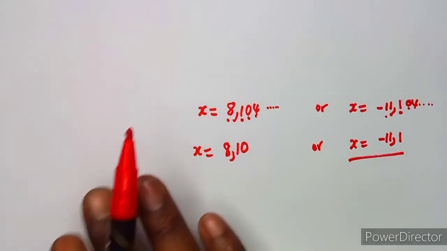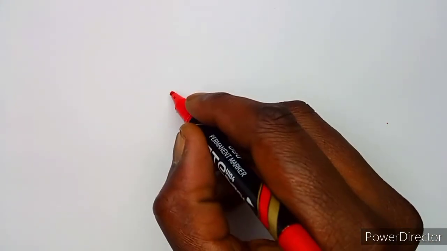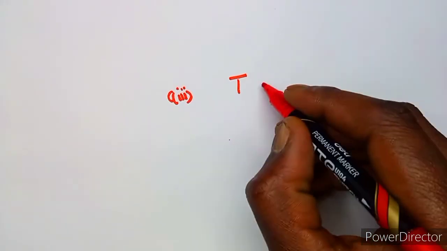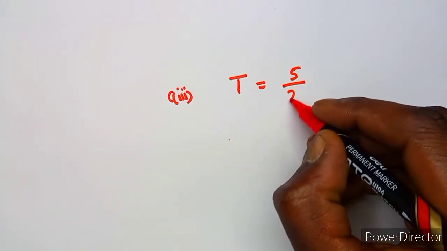Okay, so the expression for time was 5 over x. Okay, so this is item 3. See item 3. Okay, so we said the time for going upstream was 5 over x. This was in hours.